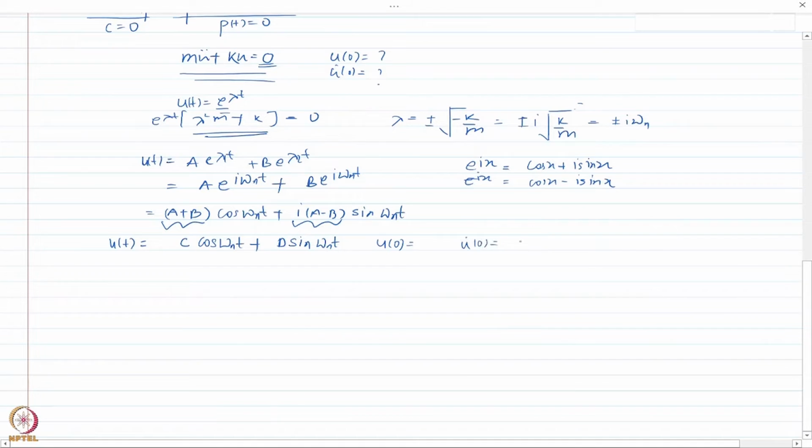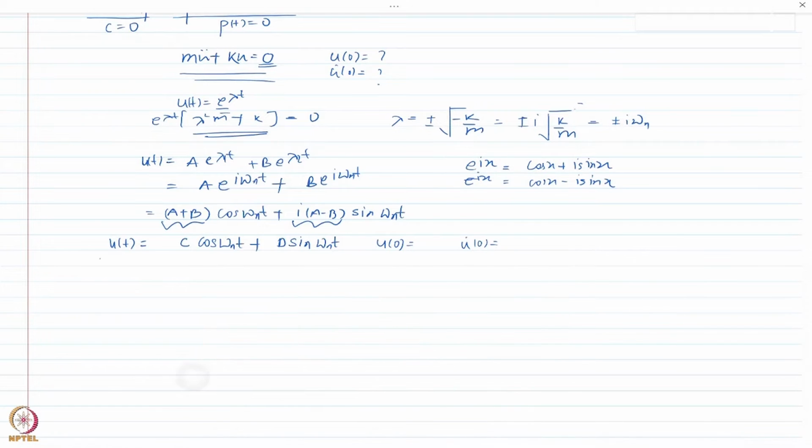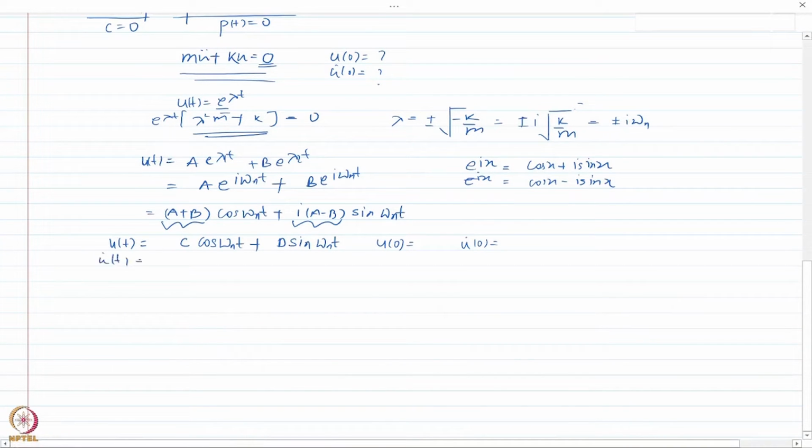Okay, so let us substitute those values. Before that, I need to differentiate it once to obtain the expression for u dot(t). So if I do that, I will have minus c omega n sin omega n t plus d omega n cos omega n t.